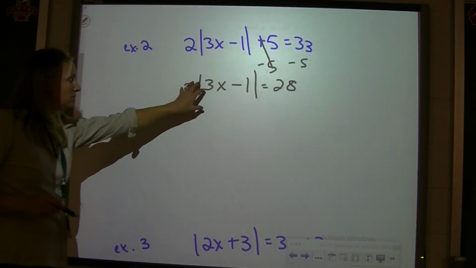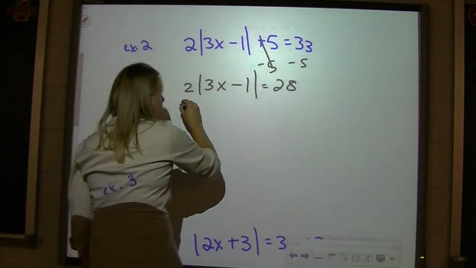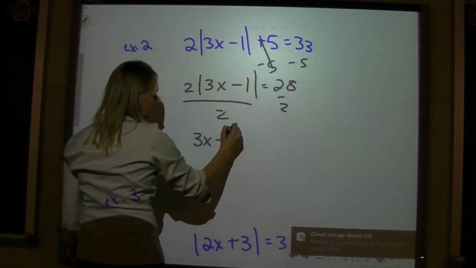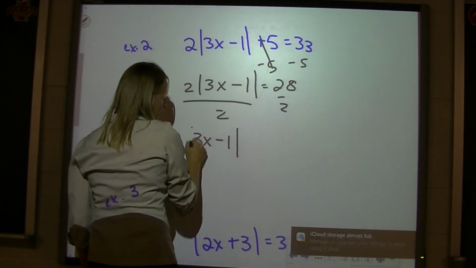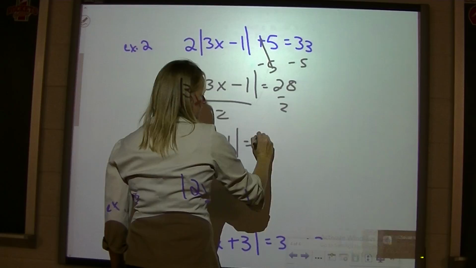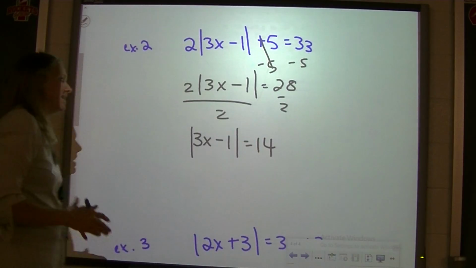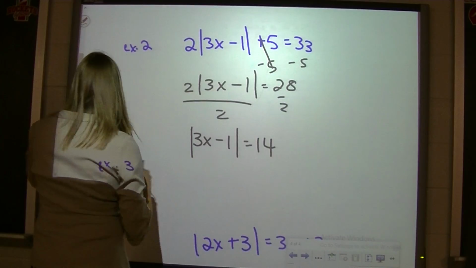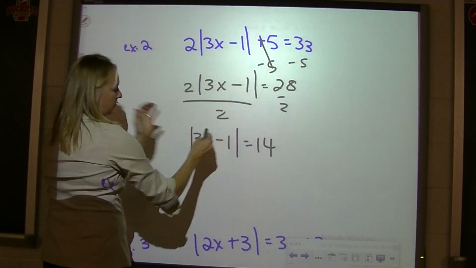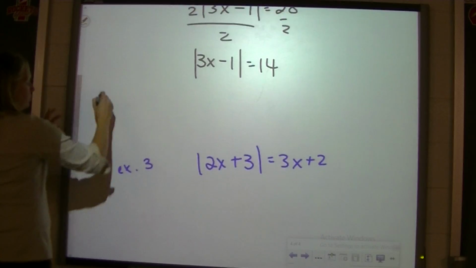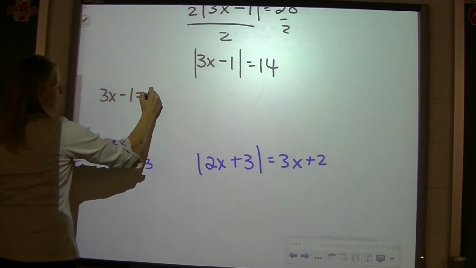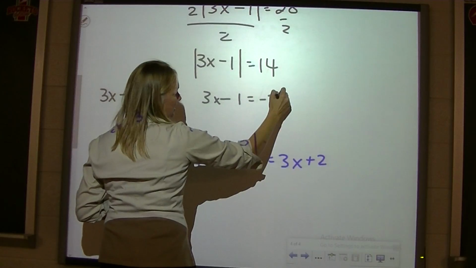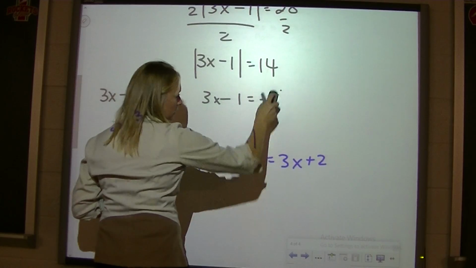Now this still isn't by itself. Divide by 2. So we'll have the absolute value of 3x minus 1 equals 14. Now the absolute value is by itself, so this is where we can say this absolute value can equal 14, so 3x minus 1 can equal 14, or 3x minus 1 can equal -14.